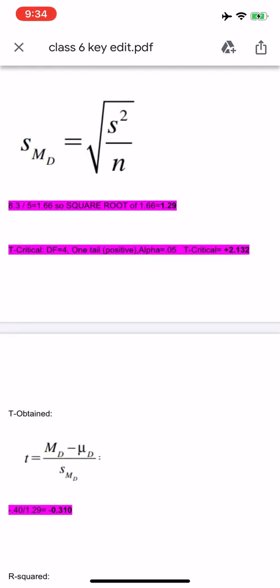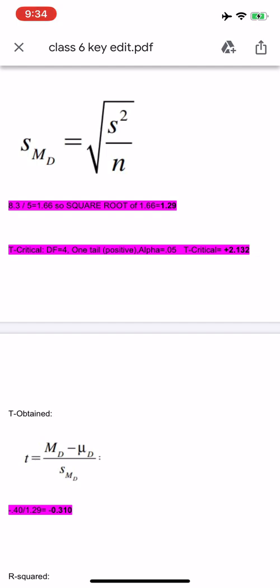T critical is, we use a degrees of freedom of 4. Okay, there were only 4 participants. All right, didn't mention this in the last question. Even though they're tested twice, you don't count them as 2 individuals. If one individual tested twice, the degrees of freedom stays as if it was one individual. So the n equaled 5, so df equals 4.